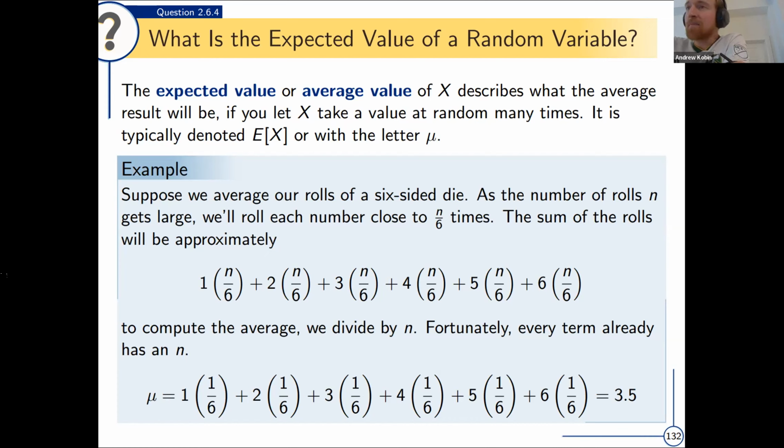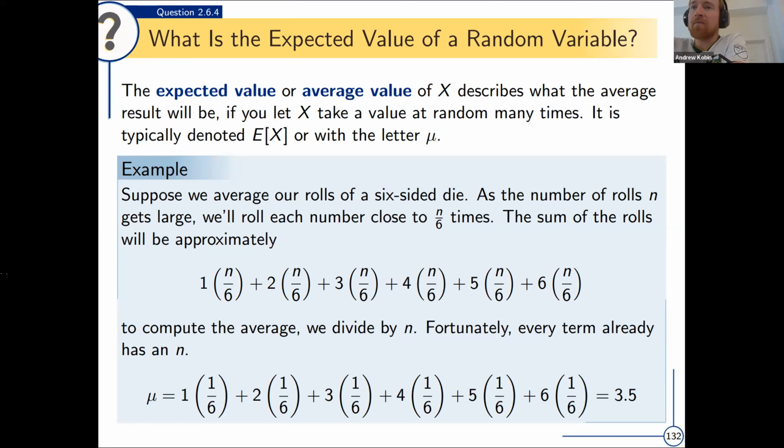Here's an example to get your mind around how to actually compute average value. So let's take a fair 6-sided die and roll it some number of times. Let's say we roll it n times. Because it's a fair die, we expect each of the possible outcomes from 1 to 6 to occur an equal number of times on average.